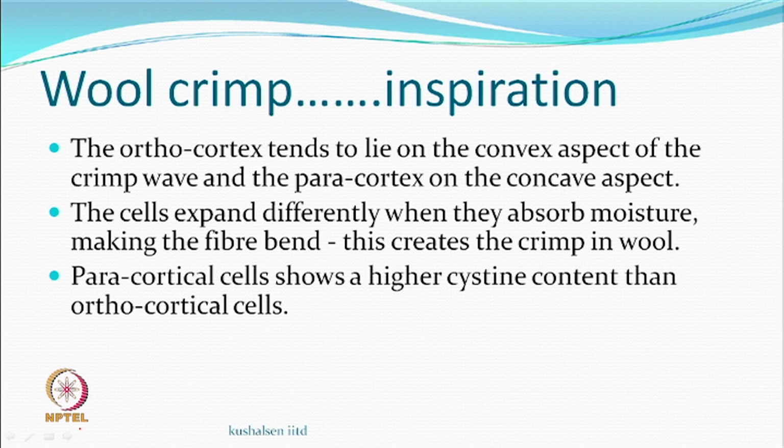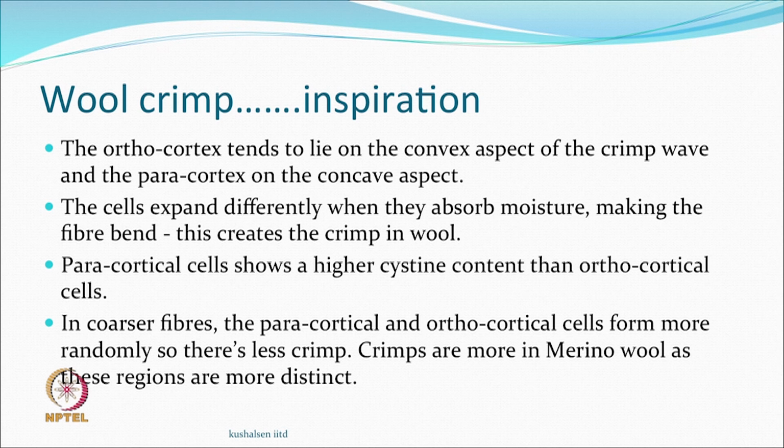The one which is cross linked will not change dimensions so easily, and so you have created a difference. When some moisture goes in, something will happen on one side and something else on the other side. That difference can lead to the formation of crimps, and like coarser fiber wool, I am talking here again.